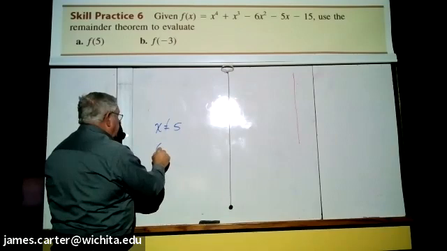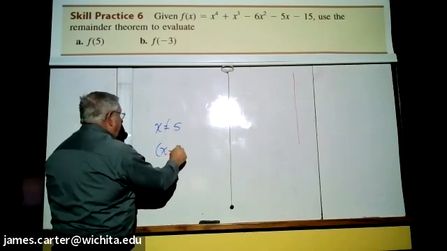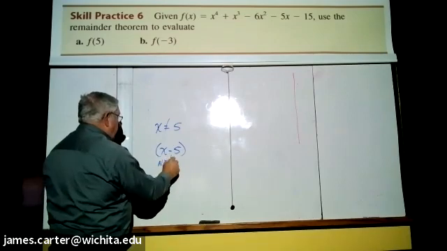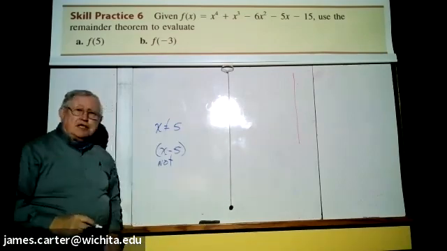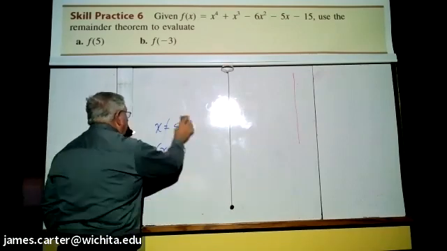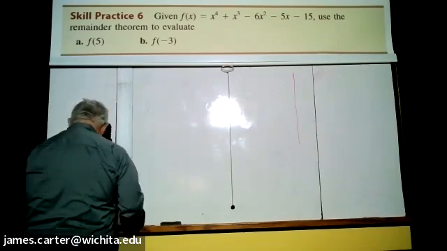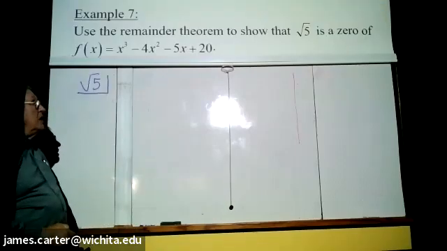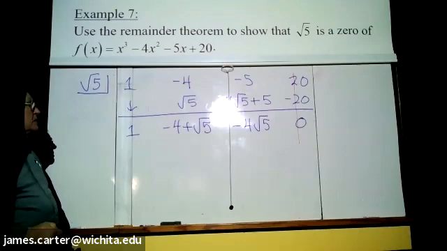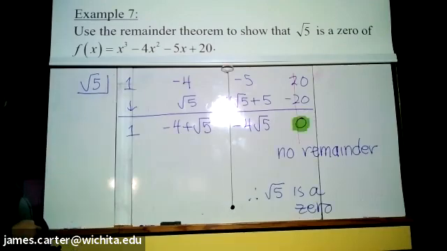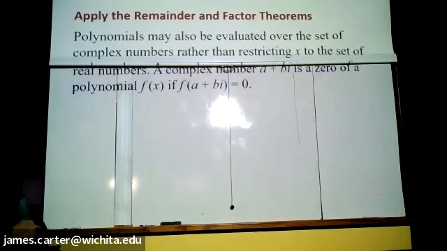It also tells us that x minus 5 is not a factor, because we would have gotten a 0 remainder if it had been true. Now, like I said, you can use the substitution thing and get the same results. Now, they did square root of 5 in that one. So now let's go on.